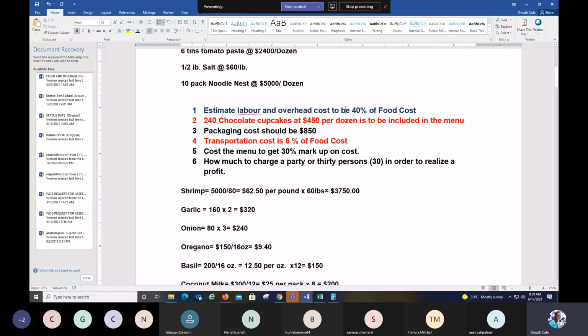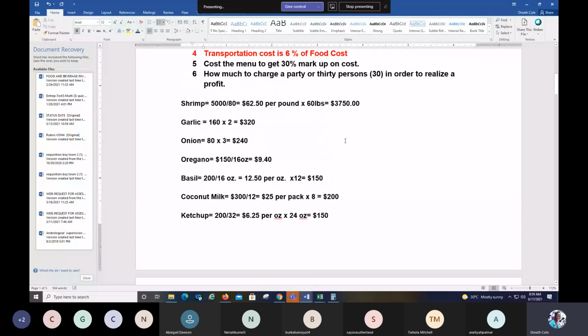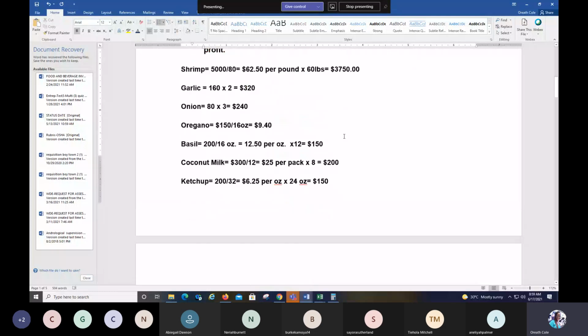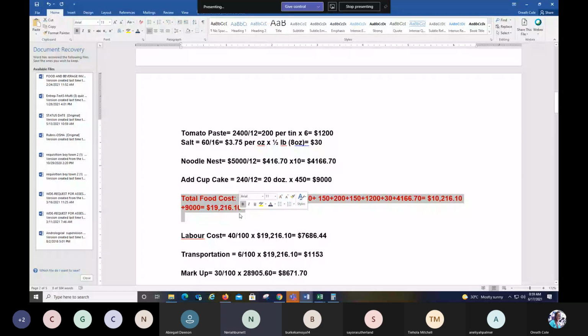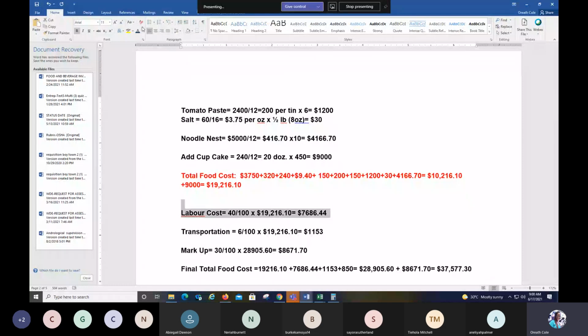Right. So remember the individual items here that we did, right? And we add up all of the items. You seeing that right there at the bottom? It's a total food cost. You seeing it? Yes, Miss. See where you do the 40% from it, the labor cost.